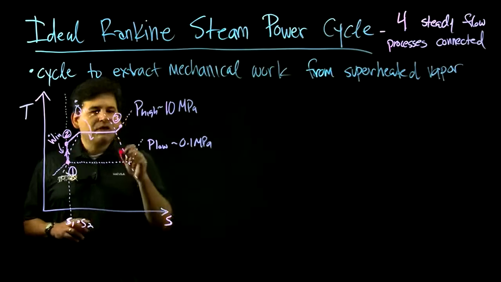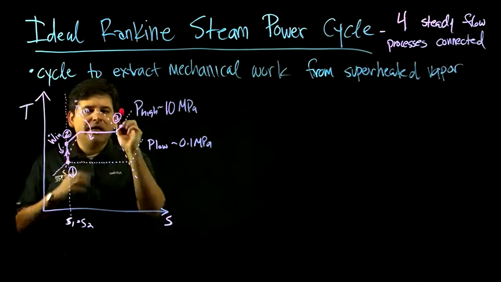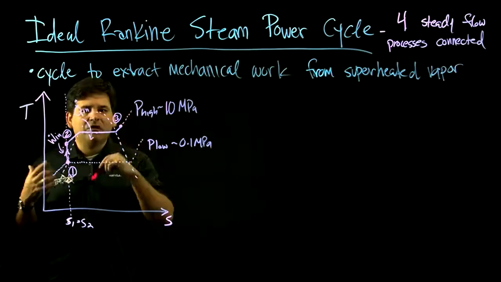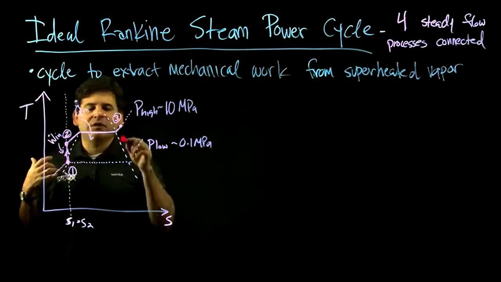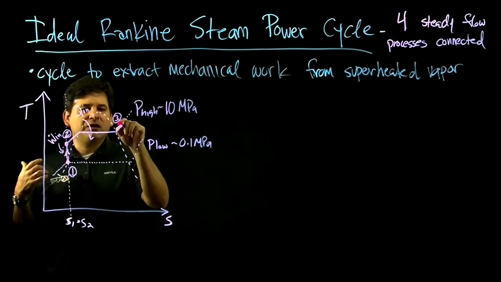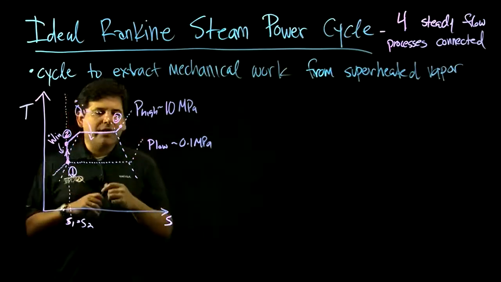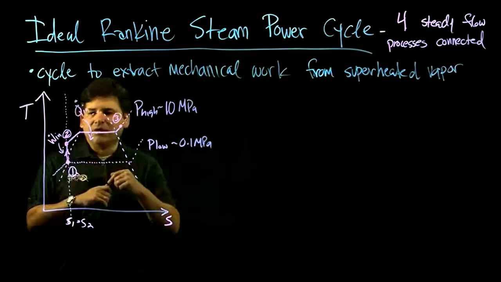Then we feed this high enthalpy flow into a mechanical turbine. That's going to get some mechanical work from the change in energy from state 3 to state 4, and this is all going to occur isentropically.